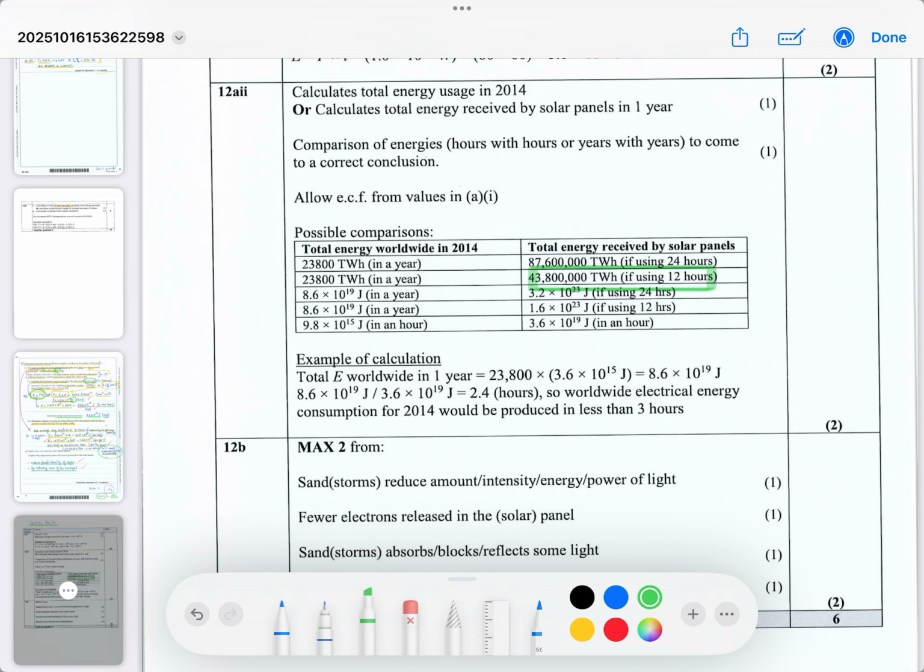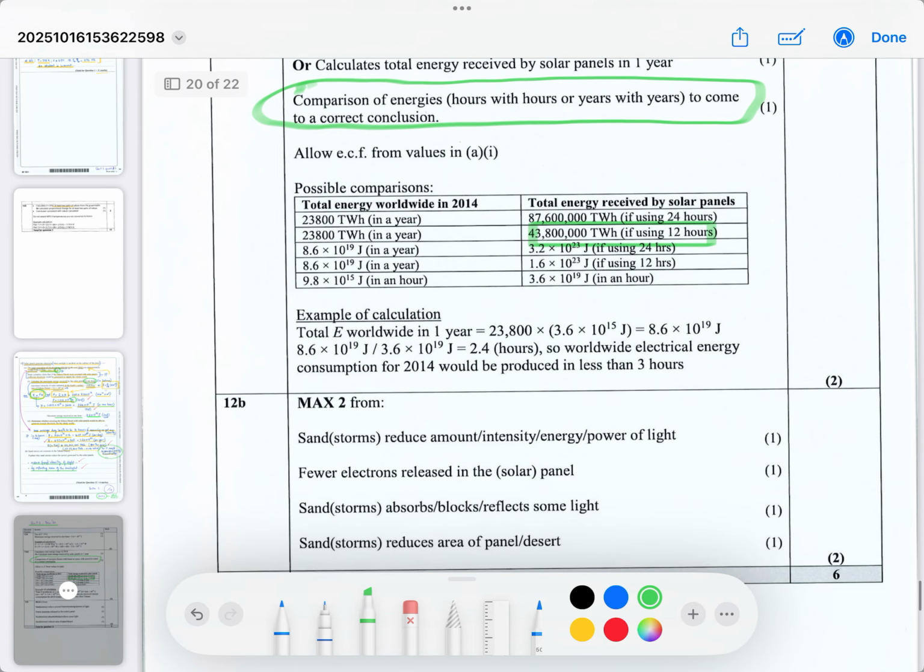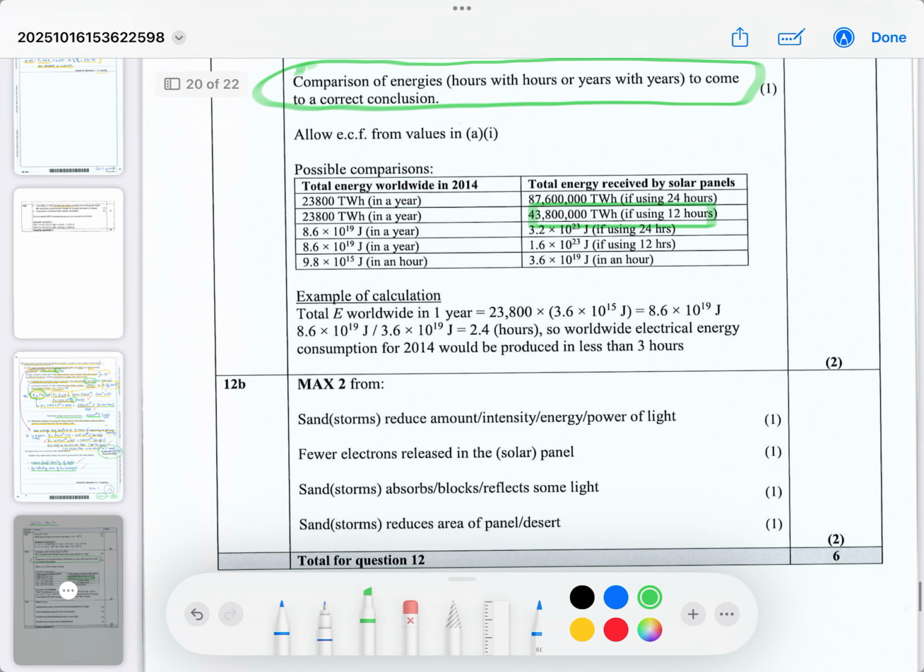As long as you've compared energies, hours with hours or years with years, there are different ways of doing it. I think I did it right, but I did it a few days ago, so I can't remember exactly the figures on the calculator. I probably should have shown you one more step in between, but you can play with my figures and see if you think I've got them right or wrong.